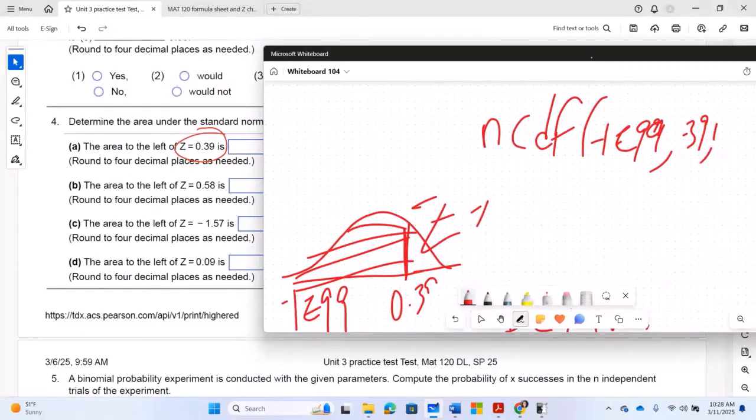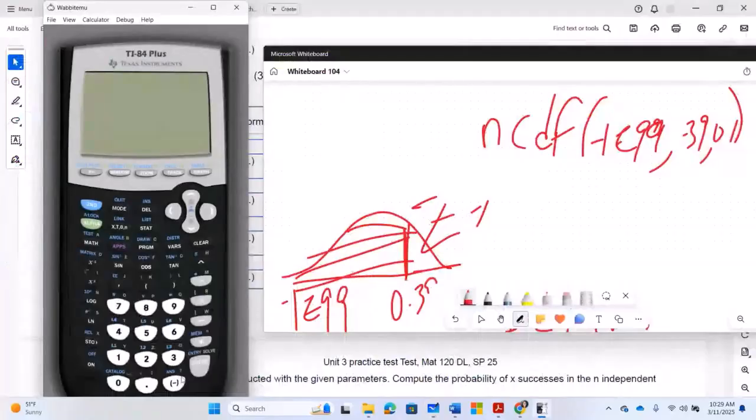The mean is 0, standard deviation is 1. So get your calculator and put in the data the way you have it on the board.